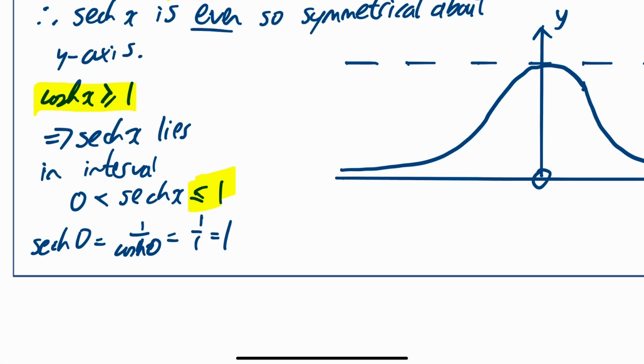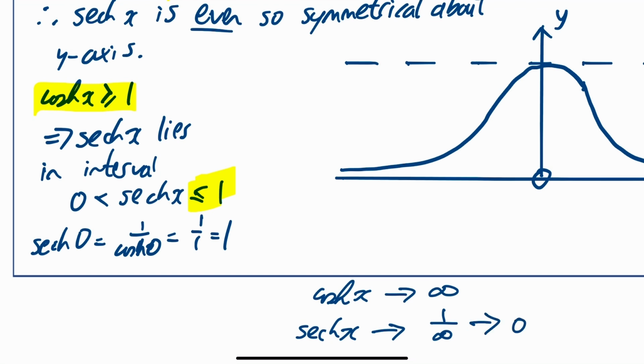So say, for example, hyperbolic cos was tending to infinity. That means your hyperbolic sec is going to tend to 1 over infinity, which means it's tending to 0. So it's getting incredibly small. It will never actually get there, but it is going to be very, very small.